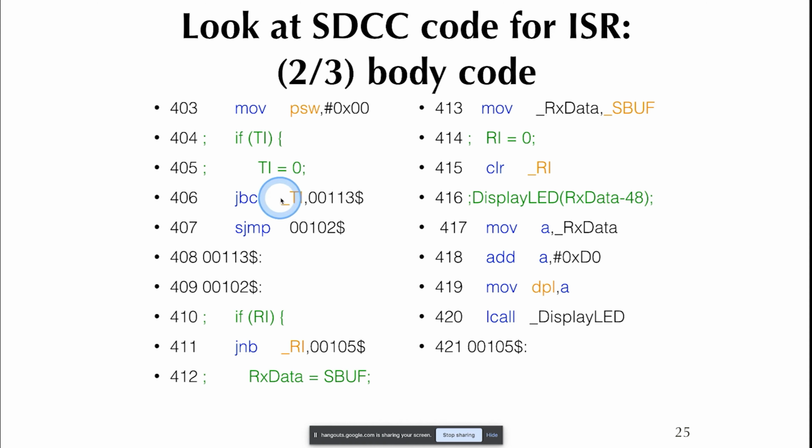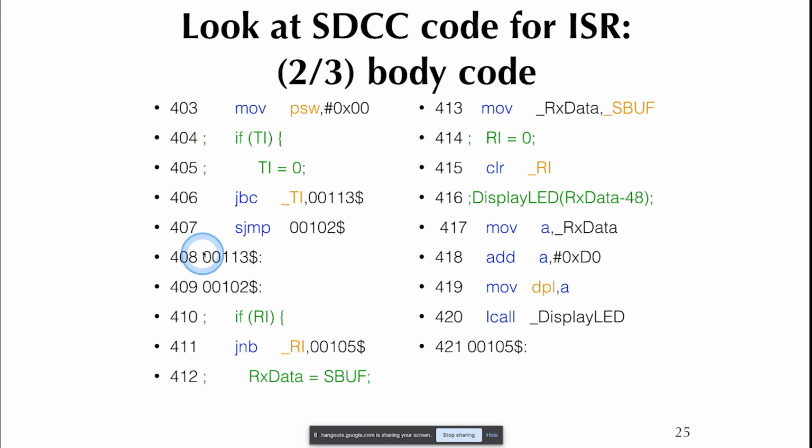So JBC Ti, which means jump if bit is clear. In other words, in C, you think if true, I do this. In assembly, you think if it's false, I jump out of it, right? So that's JBC. So jump to this 00113$, that's a local label, okay? So that's this label here, so that skips the part for the.